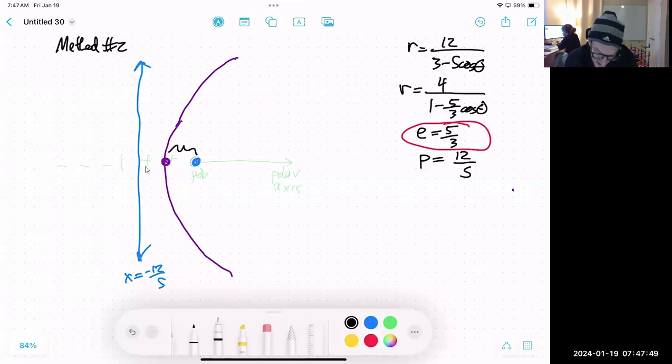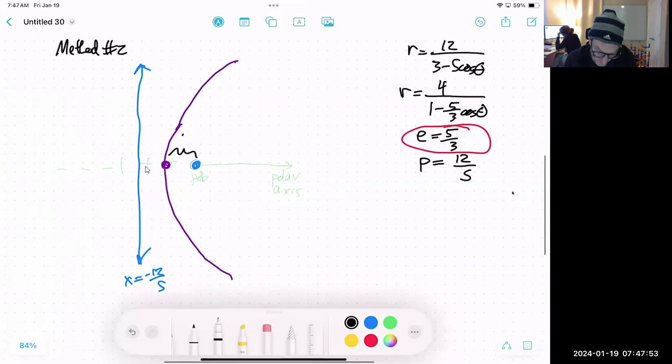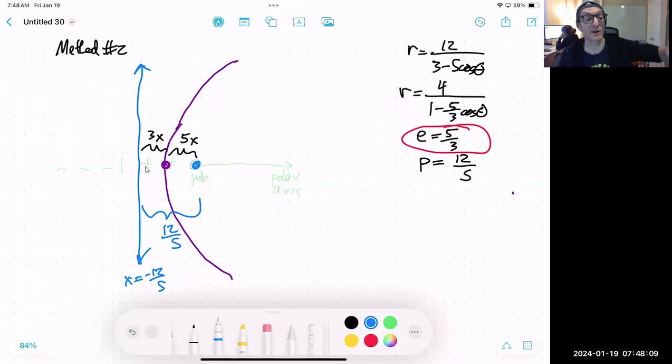So the distance to the focus and the distance to the directrix has to be in the ratio 5:3. And since I know that the focus and directrix are 12/5 apart from each other, I can calculate in advance the unique point on a line segment of length 12/5 which divides that segment up into the ratio 3:5.